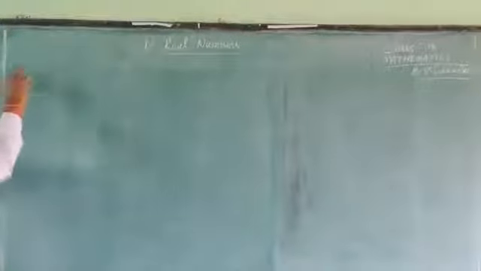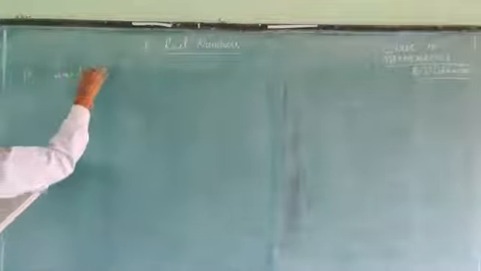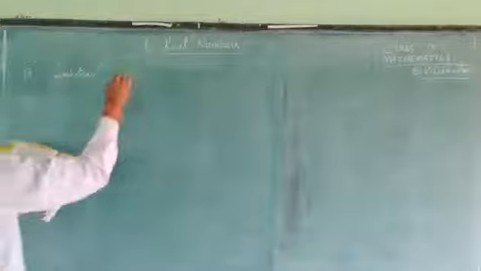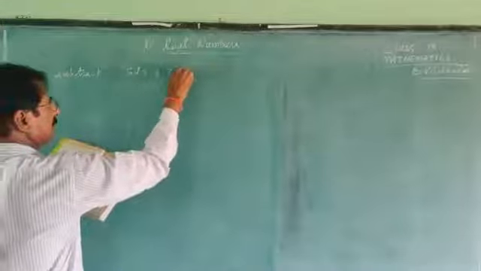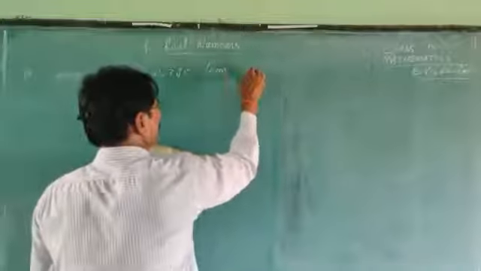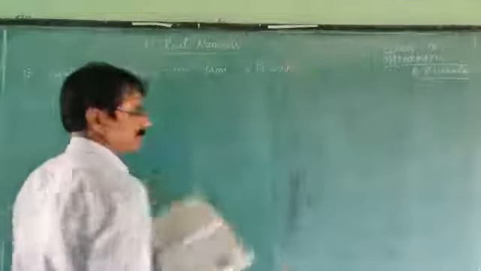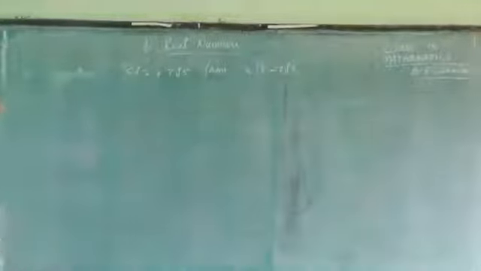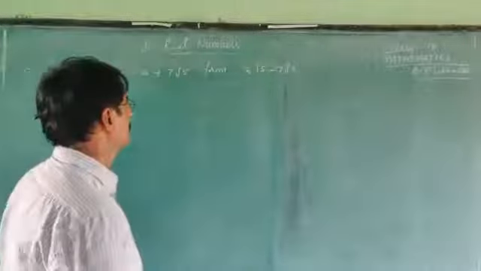Subtract 5 root 3 plus 7 root 5 from 3 root 5 minus 7 root 3. In this sum, subtract this value from this.